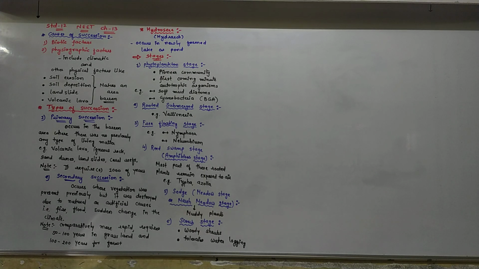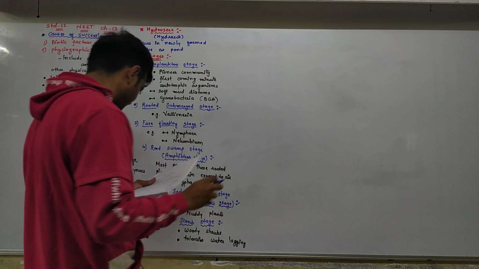Woody shrubs. Very small plants consisting of wood. Tolerates waterlogging. And next is the forest stage.